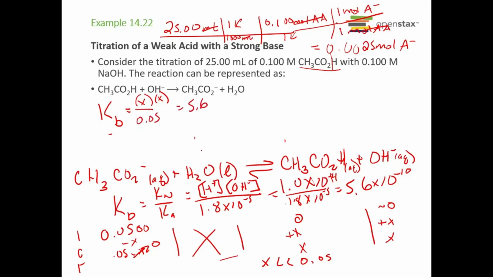That's equal to 5.6 times 10 to the negative 10th power. And then solving for X, we get that that is equal to 5.3 times 10 to the negative 6th power, and that is equal to our hydroxide concentration.